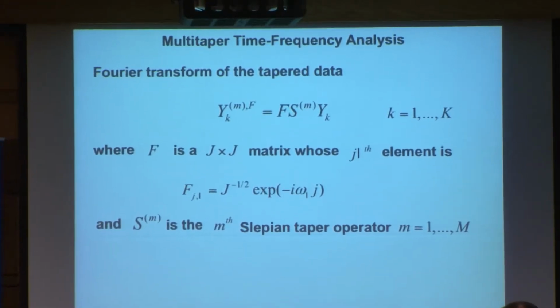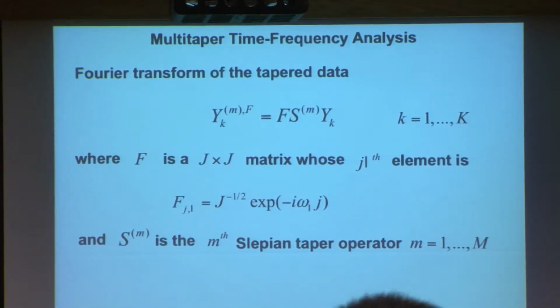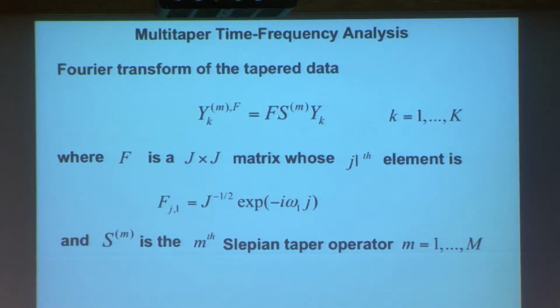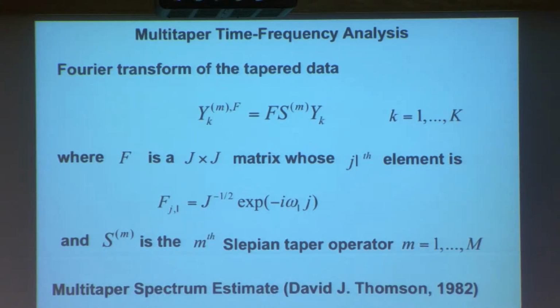So let's just remind ourselves of the basic thing we can always do. You can take the data, here's the data on that segment. You taper it. You Fourier transform it. If you taper it specifically with the Slepian tapers, we follow this paradigm that was laid out by David Thomson from Bell Labs back in the 80s, and you get the multitaper spectral estimate.